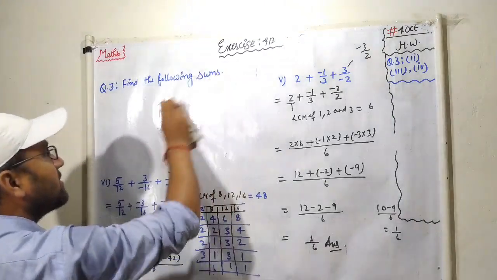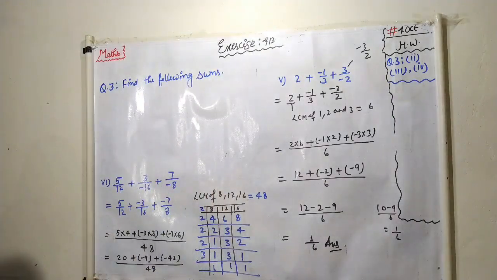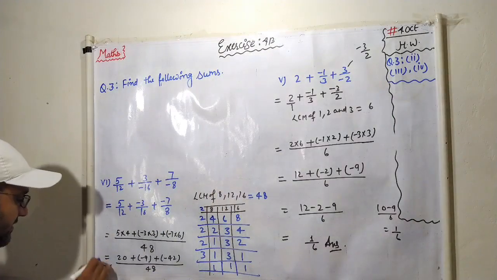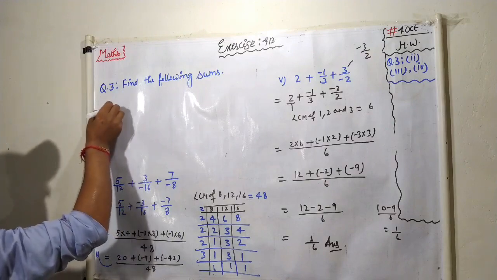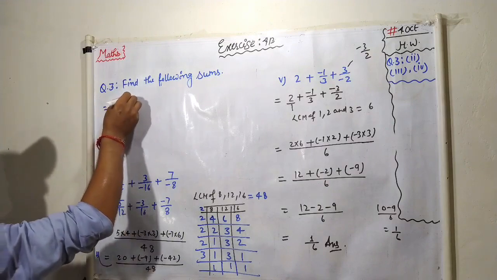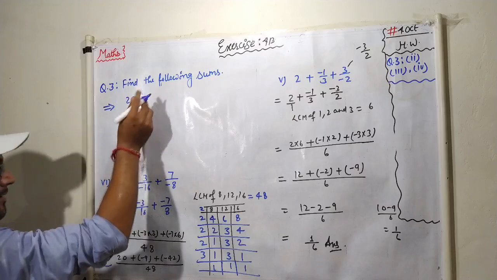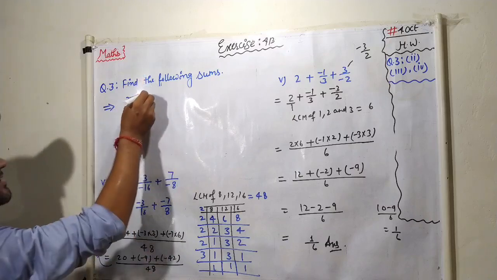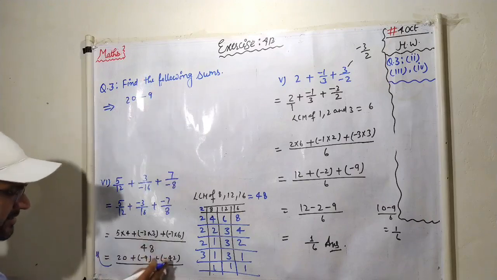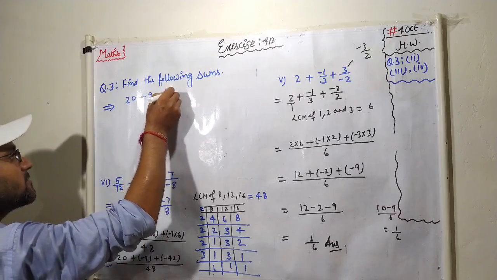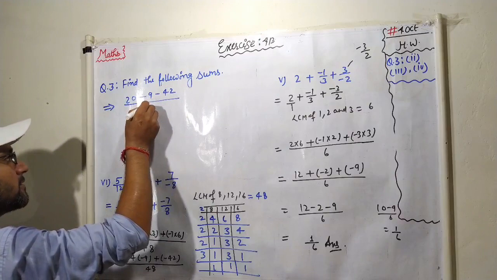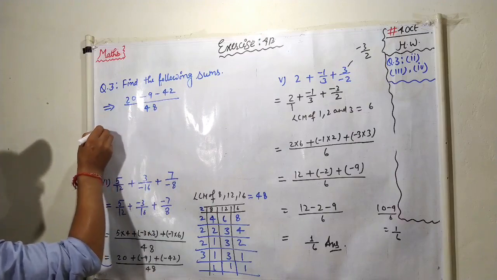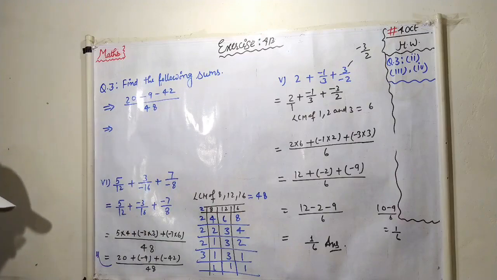In the next step, you can see here, students: 20 plus minus 9, plus minus 42 upon 48. Okay, see this one, students.